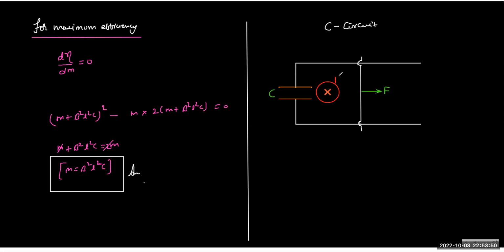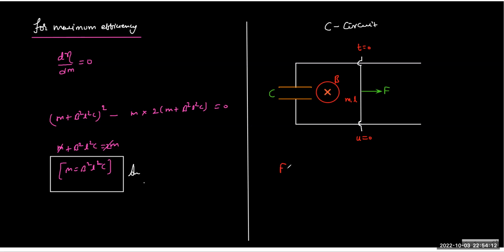So the field is transverse. Force is F at t equals to 0. The initial velocity is 0. The mass is M. Length is L. So analyze or find the velocity, acceleration, force, charge on capacitor as a function of time t.